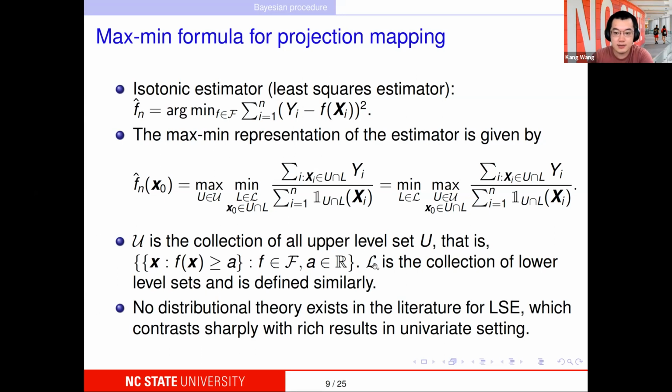and L is the lower level set. This can be defined similarly: it is x such that f(x) is smaller than a constant. And this formula and this estimator don't change if we exchange the order of maximization and minimization.